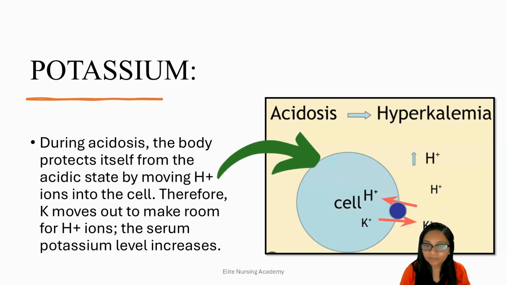And in order to make space inside the cell for the hydrogen ion, potassium ion will go into the bloodstream, which will lead to hyperkalemia. So it is very important when the patient has respiratory acidosis to monitor the potassium level, because with high or low potassium the patient is at risk of cardiac arrhythmia.